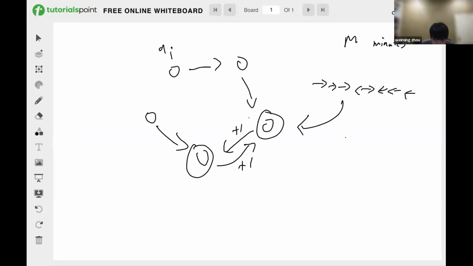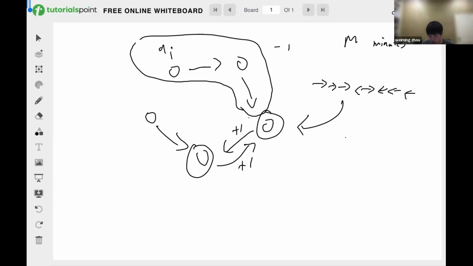Alternatively, if you treat this giant chain of cows as one giant conglomerate, they'll lose 1 unit of milk, because the group tries to send 1 unit to the circled cow, but the circled cow isn't accepting any more milk. So that unit of milk will be lost. This will keep happening for m minutes until either this group runs out of milk or m minutes have passed and we've lost a total of m units of milk.